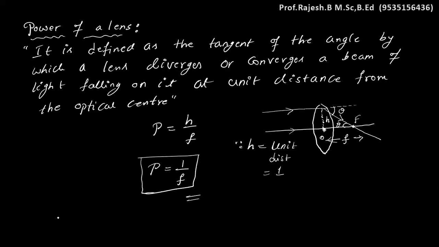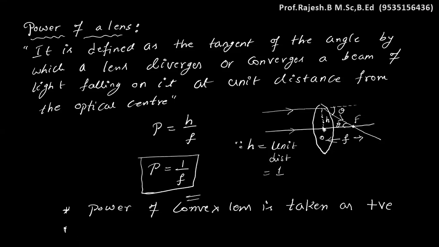So here the power of convex lens is taken as positive, and power of concave lens is taken as negative.